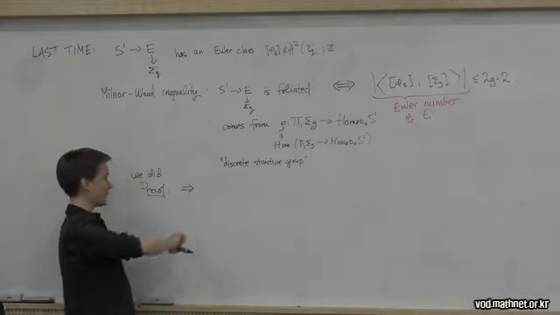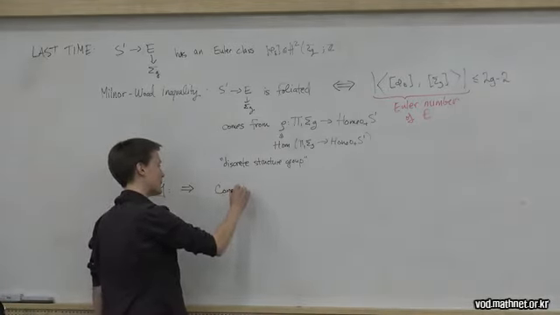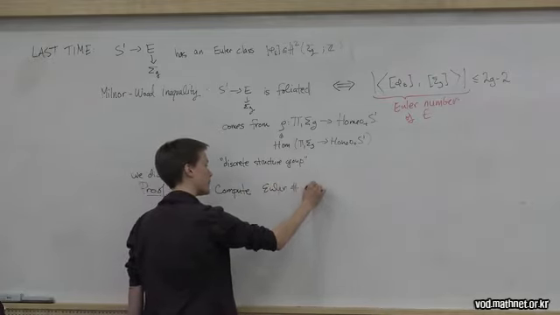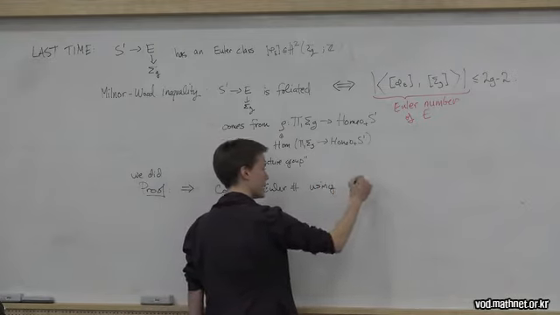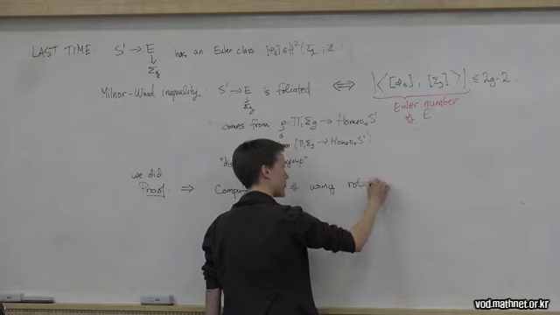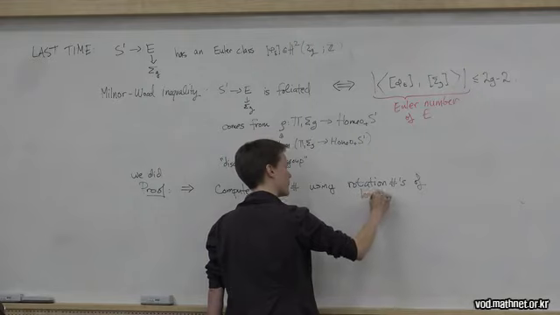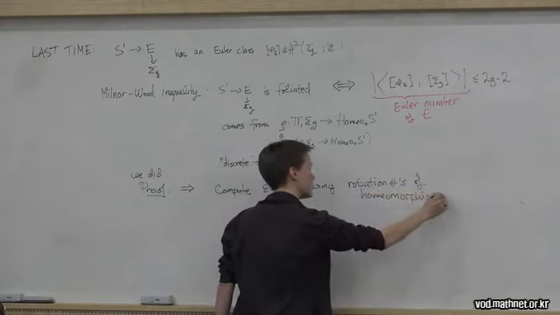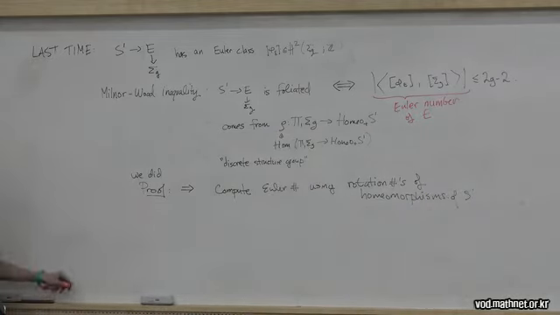So the one-line reminder of how to do this is you find a way to compute the Euler number using rotation numbers of homeomorphisms. Okay, so I'll remind you what the rotation number is later on today.